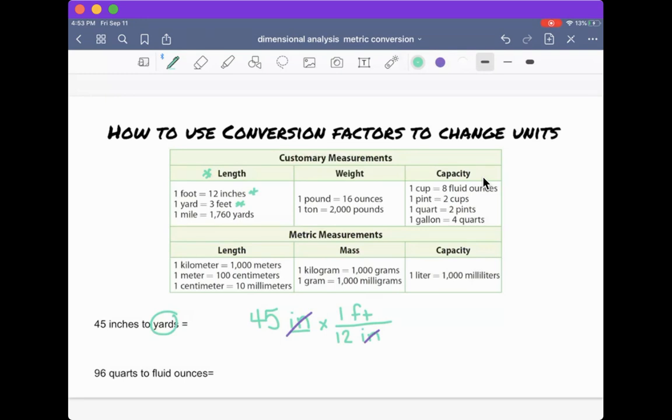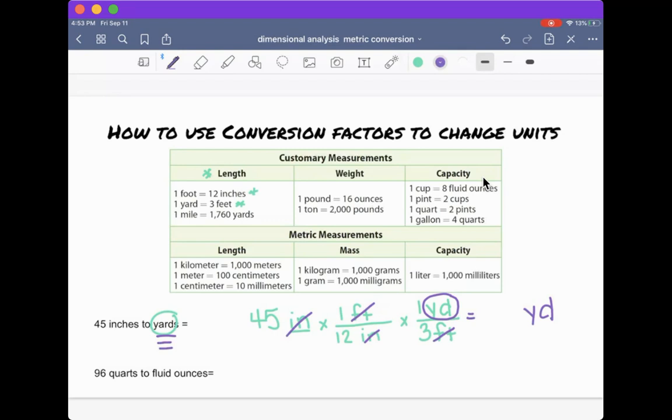Now when I move into the next one, 1 yard equals 3 feet, I can create my other fractional conversion unit where I'm going to have feet on the bottom, and then that'll put that yard there on the top. So when I cancel this, feet go away, and my lone standing unit at the end is the yard. Now that matches what it wanted me in the problem to end up in. So that means I set everything up correctly.